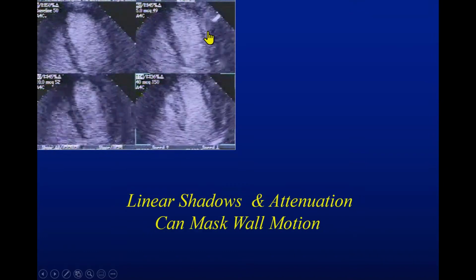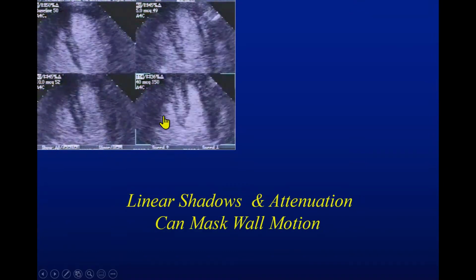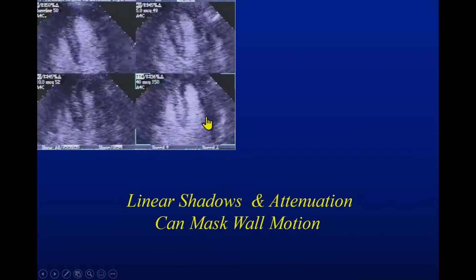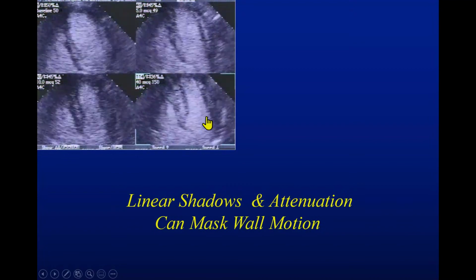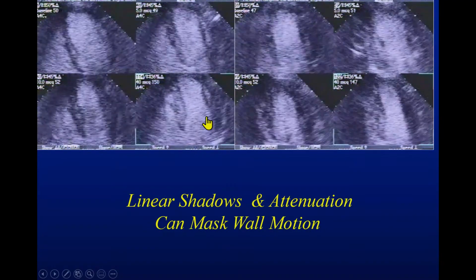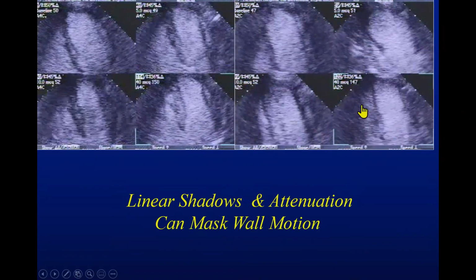See, the endocardium is way out there as opposed to here. So be careful when you use ultrasound enhancing agents to either miss a diagnosis or be shadowed by this attenuation masking. This is important here in this case. Take a look at that.